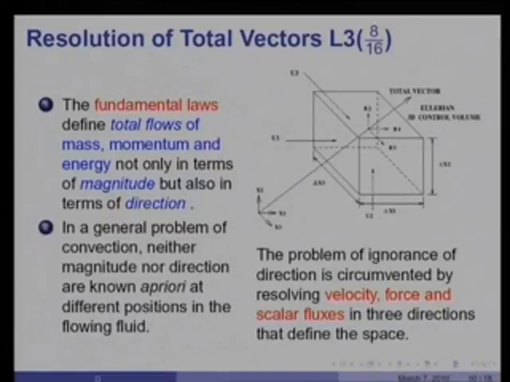So there are two properties involved: magnitude of the total flow and direction of the total flow. To the extent direction is involved, all these flows are vectors, like this, say, a total vector. Now the trouble is that when the fluid flows through a duct or flows over a turbine blade or something like that, at every point in the flow, I simply do not know the direction of the total vector a priori.